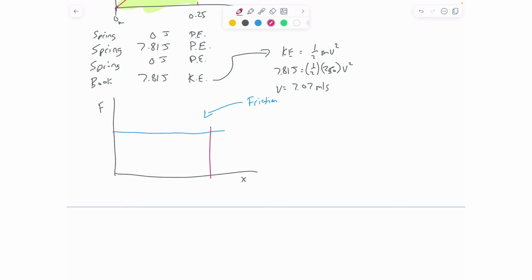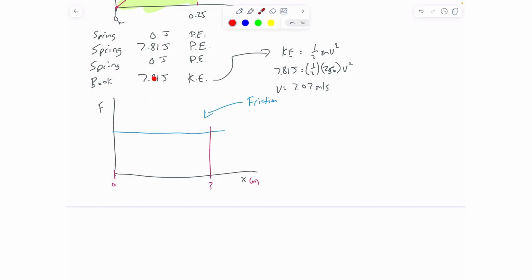Now, do I know where that is? No. At some point, it's going to stop, and this is 0. This is the initial. Remember, X is in meters. Remember, this book has 7.81 joules of energy initially. But what if the friction were to consume that energy and turn it into something else?